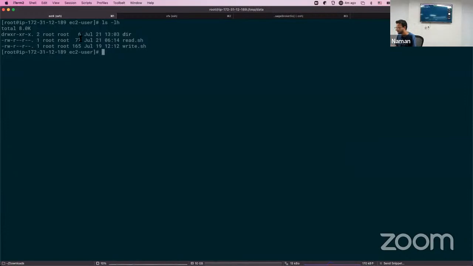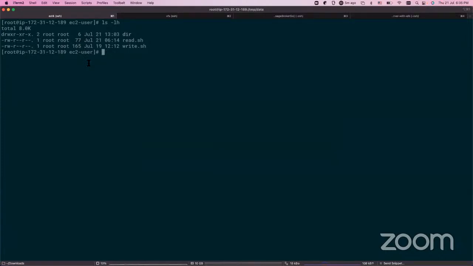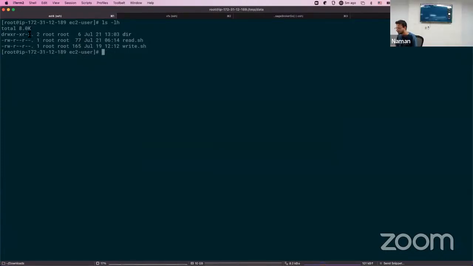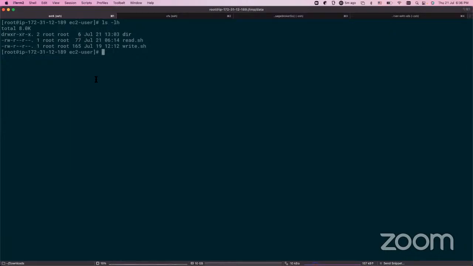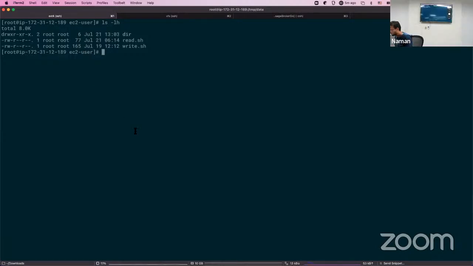And then we have these numbers, 6, 77, 165. What do these mean? These are permissions, I guess. No, the permissions are these ones, where we say whether it's readable, writable, and executable or not. This is something different.